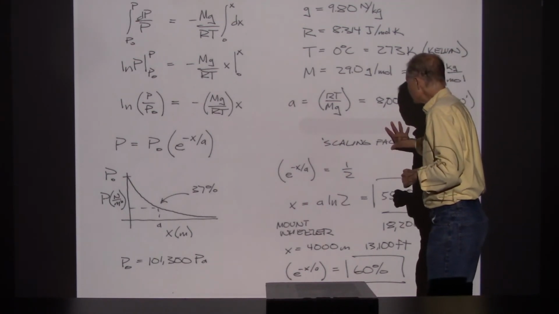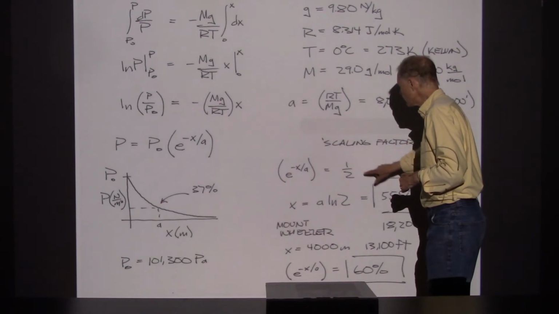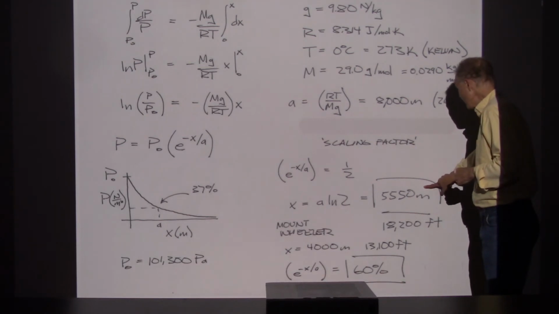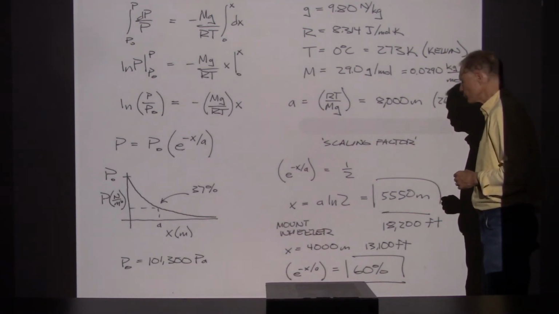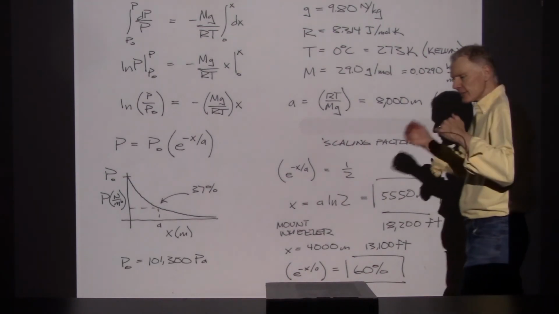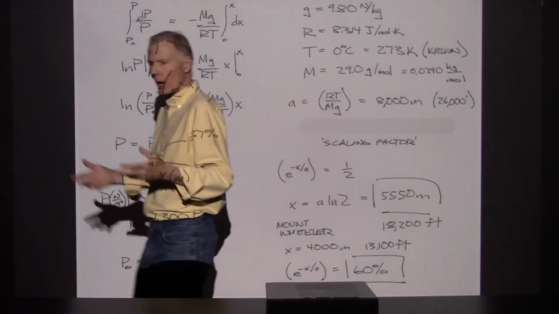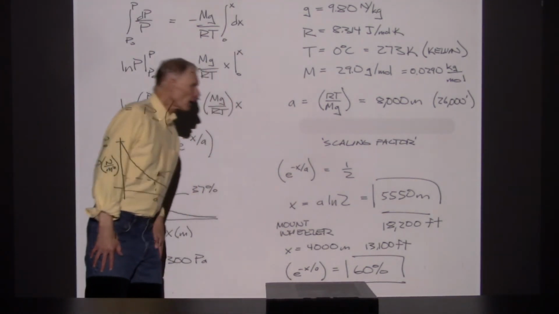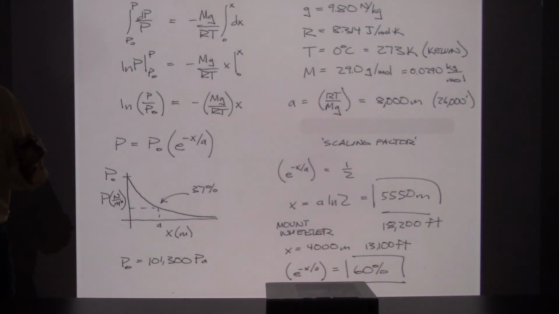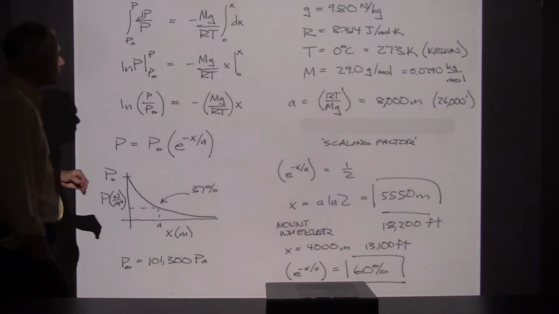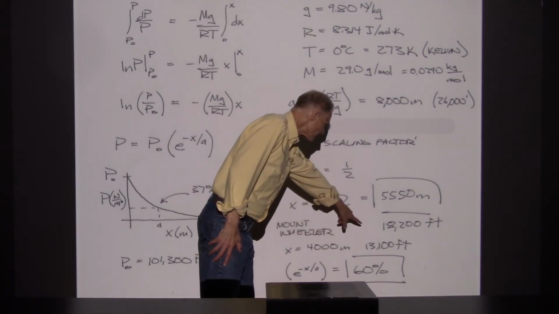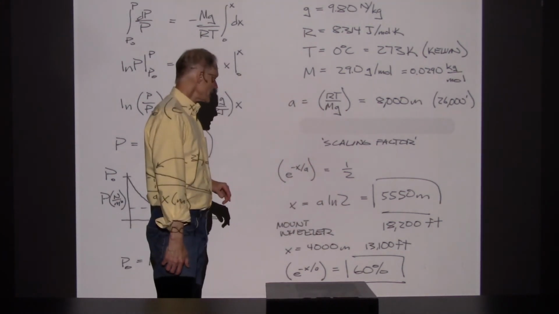So I did do a scaling factor to see how far we would go up until we only have half of the air pressure, and that happens at about 5,550 meters or 18,200 feet. Now for myself, the highest elevation I've ever climbed to or hiked to, just kind of a walk-up, is Mount Wheeler in Nevada near the Utah border in Great Basin National Park, and that elevation is about 4,000 meters. It's just a little bit over 13,000 feet.